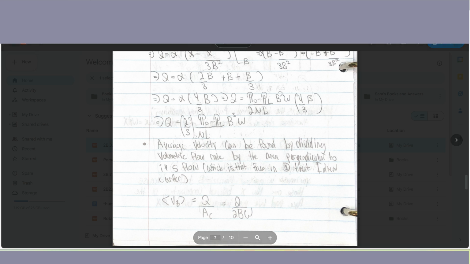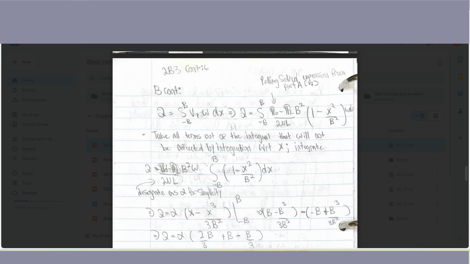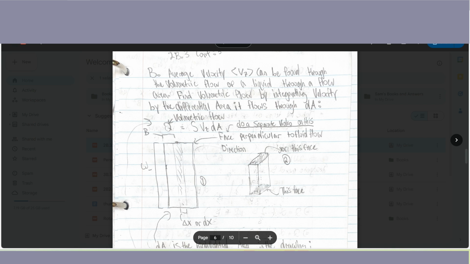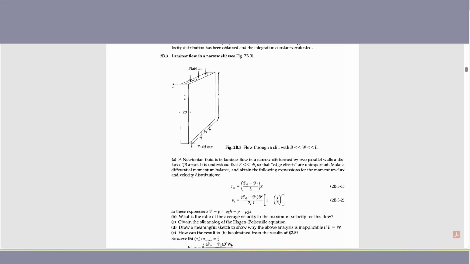So now average velocity can be found by dividing volumetric flow by the area perpendicular to its flow direction, which is A_c, these areas, which is the x direction and this direction. So if you go over here, it is 2b times w.